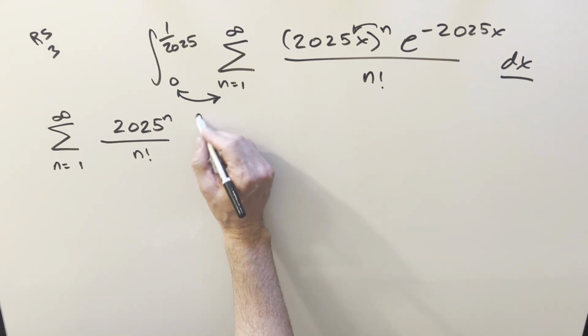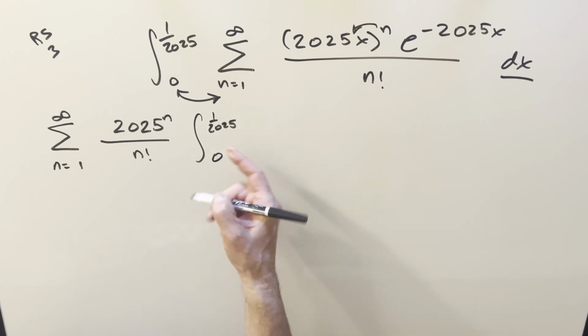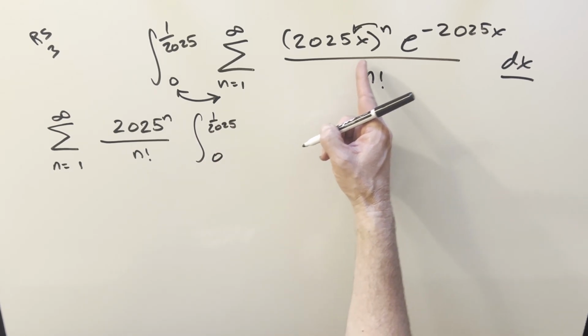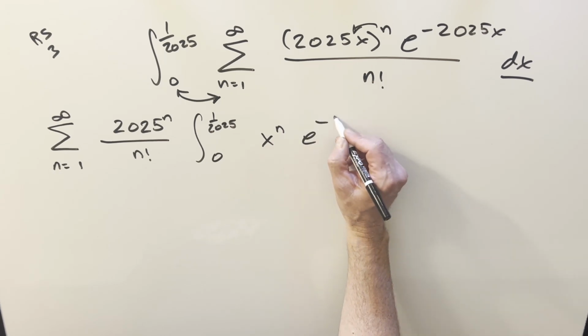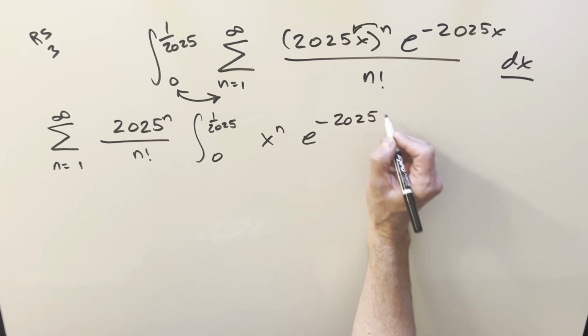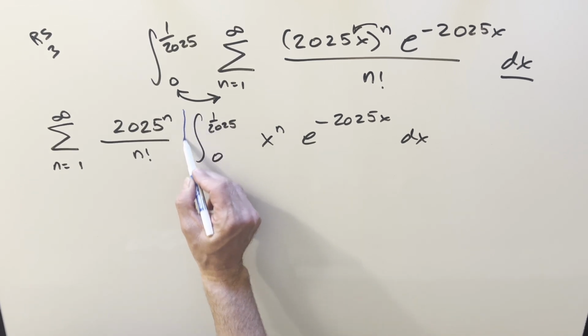And then what's left inside the integral is, we're integrating from 0 to 1 over 2025, and this part is just going to become x to the n e to the minus 2025x.